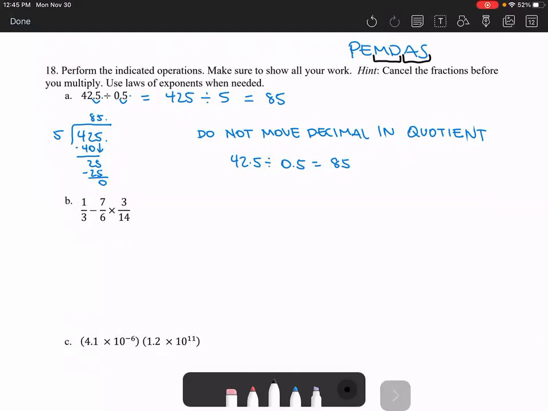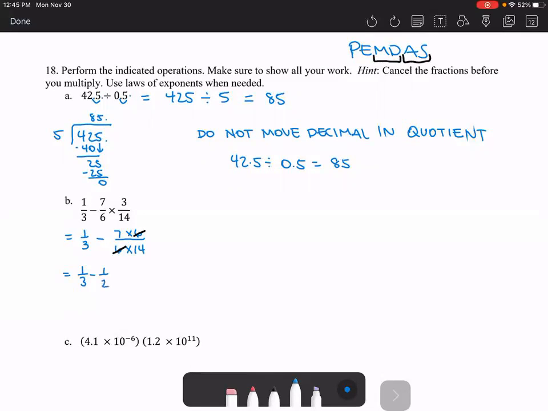So with these fractions, the first thing I'm going to do is multiply this 7 over 6 and this 3 over 14 by multiplying across using the multiplication algorithm. We can see that the 6 is canceled and 7 over 14 is left, and that's 1/2. So this is going to be 1/3 minus 1/2.